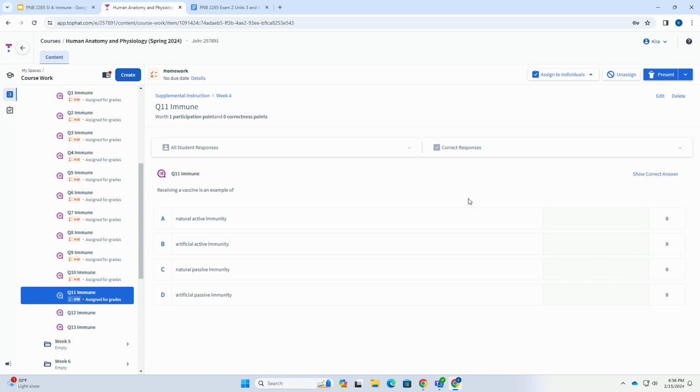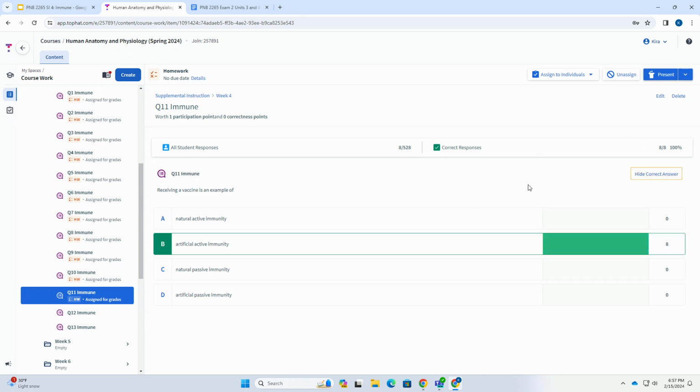Receiving a vaccine is an example of what type of immunity? Yeah, perfect.